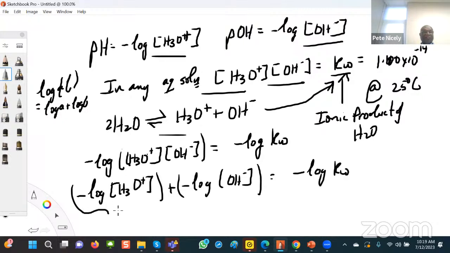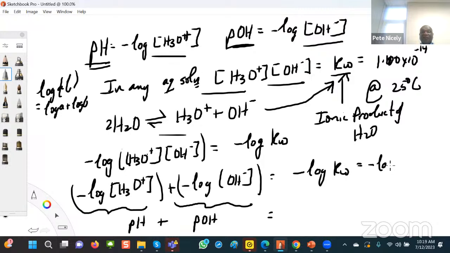So this part here will be equal to the pH of the solution, right? And this part here will be equal to the pOH of the solution. And minus log of Kw would be the same thing as minus log of 1.0 times 10 to the minus 14, which would be equal to 14.00, all right?